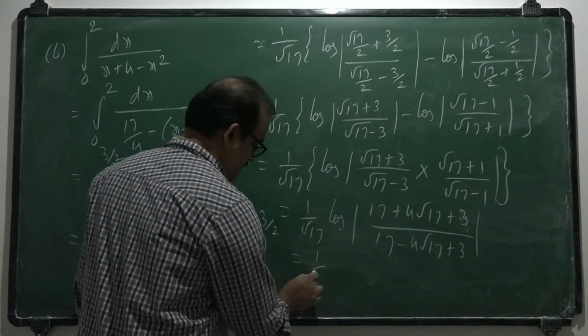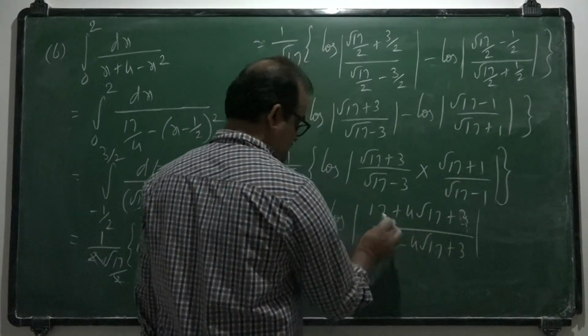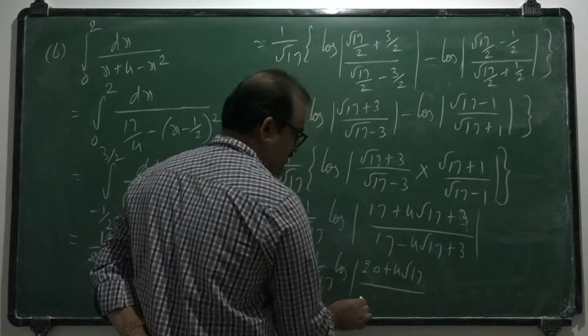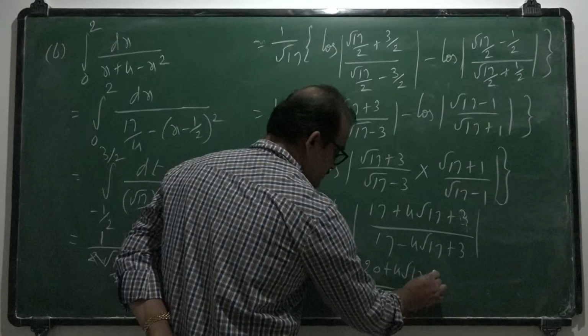This is 1 by root 17 into log of 17 plus 3, 20 plus 4 root 17 by 20 minus 4 root 17.